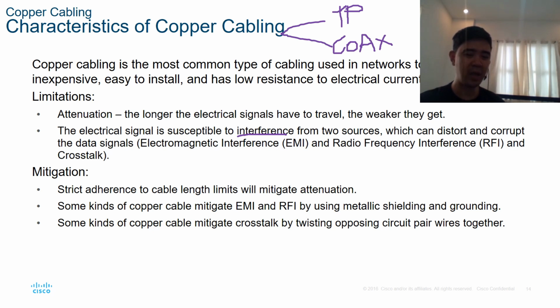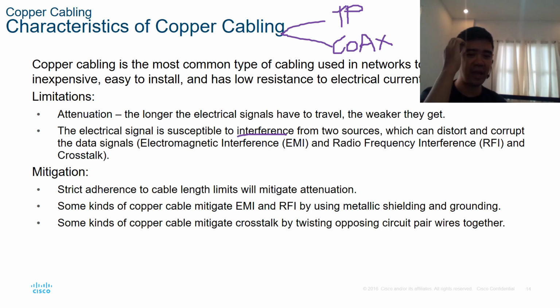The reason for the wrong interpretation is noise and interference. This noise and interference come from electrical appliances that are so near to our cables, our computers, or other network devices, and may distort or corrupt our data signals.